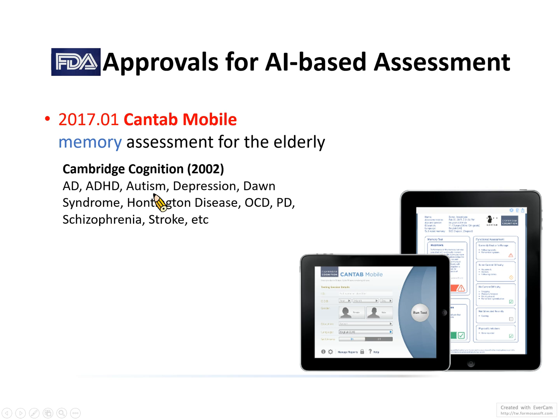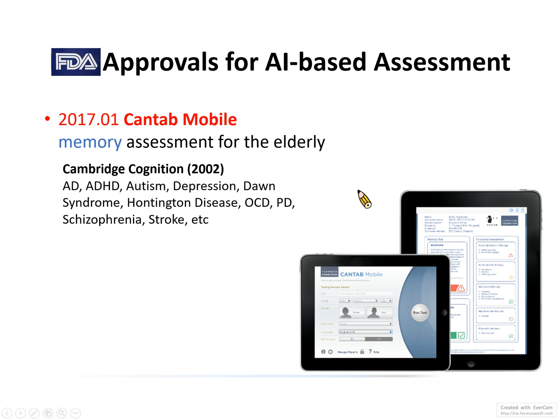progress in this area. For example, in 2017, there was an FDA approval of an AI-based assessment program called the Cantab Mobile, which can assess memory for the elderly just based on the app.